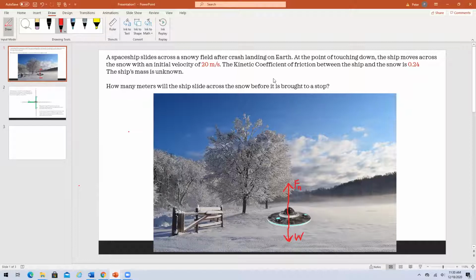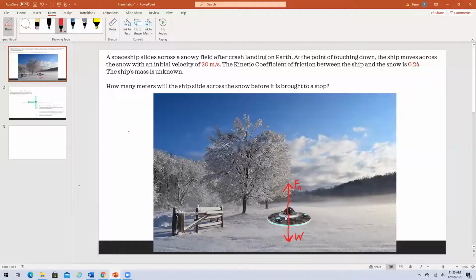You may have experienced this in your life, where you try to push a box across a floor, and it becomes easier and easier to push as the box starts to move. That's the difference between static and kinetic friction. This thing is already moving, so we're given a kinetic coefficient of friction. The higher it is, the more frictional force is produced by its relationship with the surface. We don't know what that total magnitude is yet, but we know that there is one.